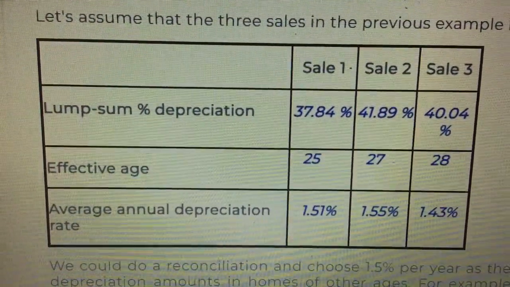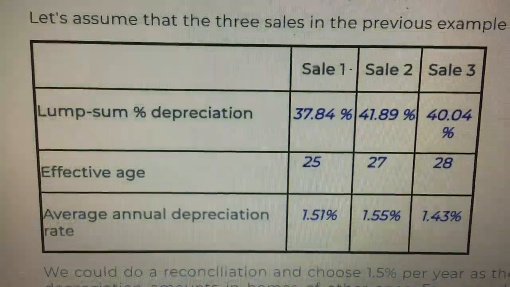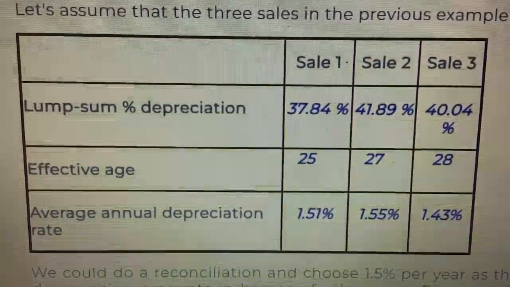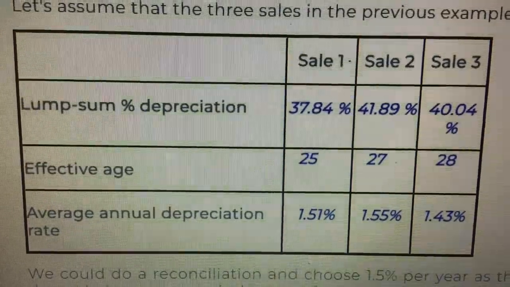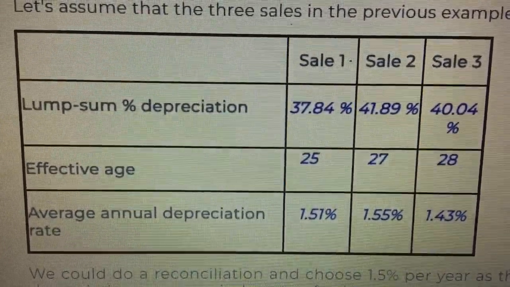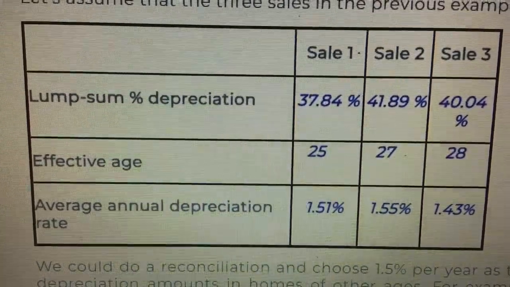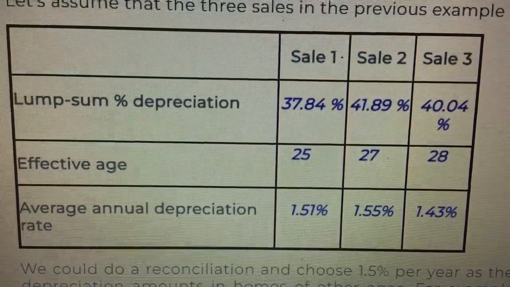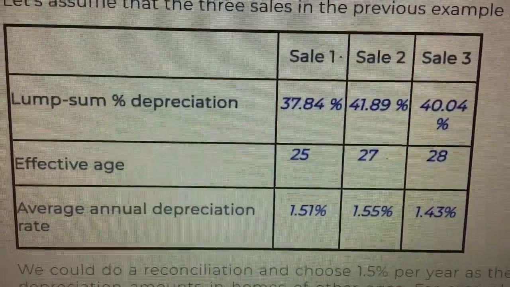The second row says lump sum percentage of depreciation. For sale 1, it's 37.84%. For sale 2, it's 41.89%. And for sale 3, it's 40.04%. Underneath that is the effective age, which for sale 1 was 25, sale 2 it's 27, and for sale 3 it's 28.